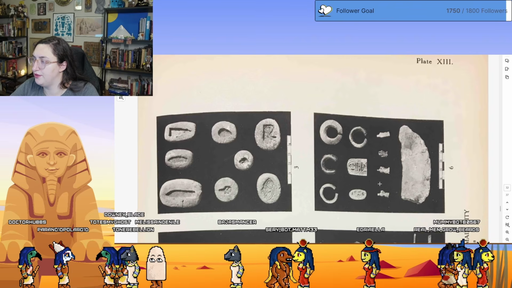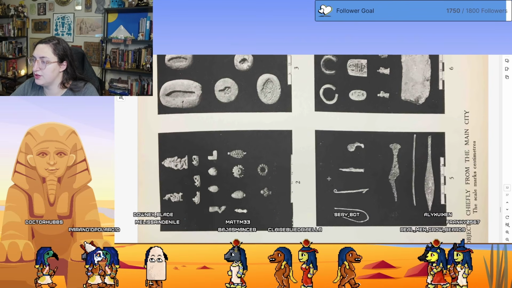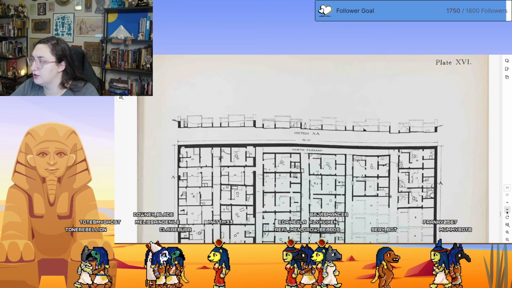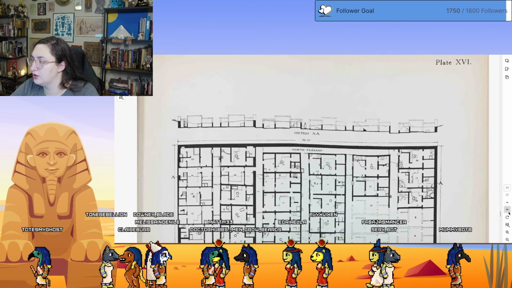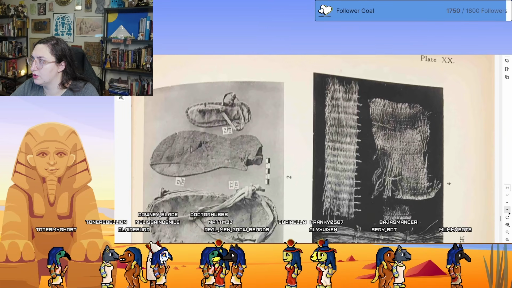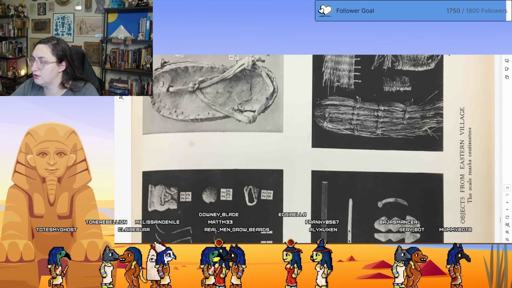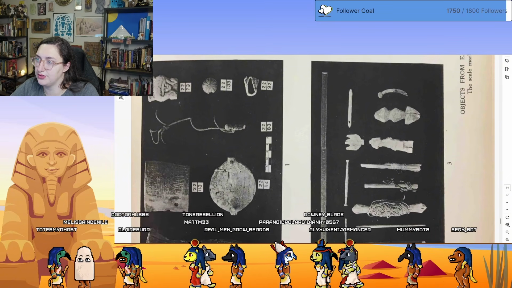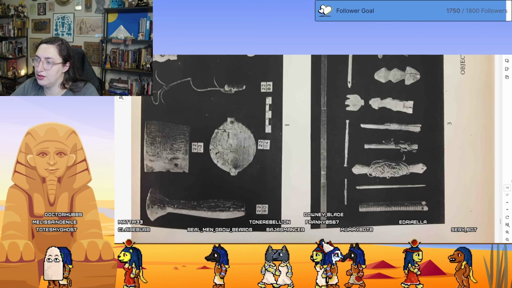Well, here you have some of the amulets, and there's some Bes as well. I'm trying to figure out why I took this. Oh, there's Hathor. So there's a Hathor head on that.